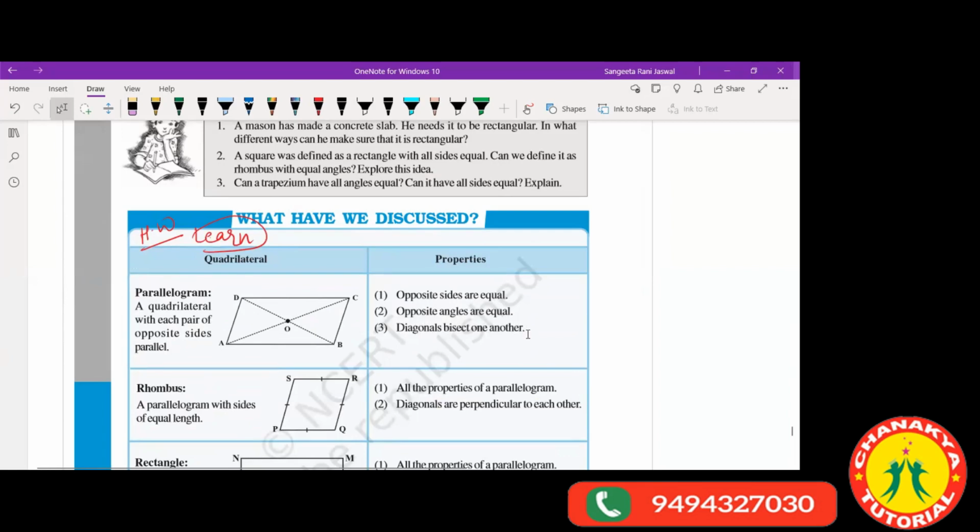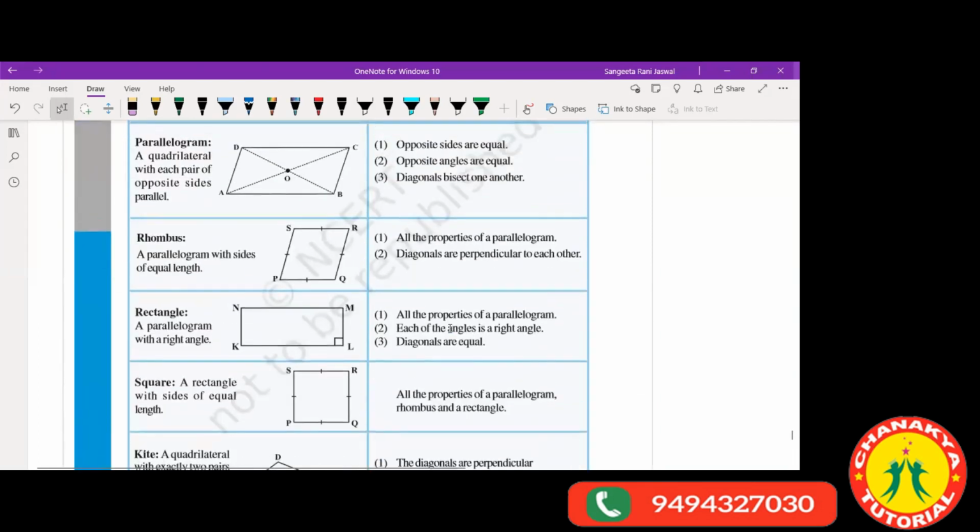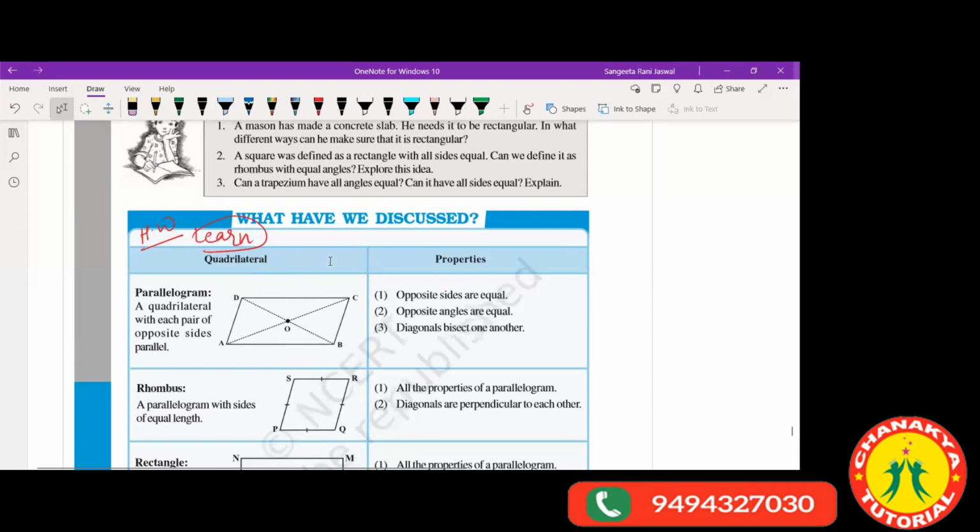These are some basic properties, and some extra properties are given in the chapter itself, such as the sum of adjacent angles is 180. Had you done this homework last year? Yes, ma'am. So then you should remember this.